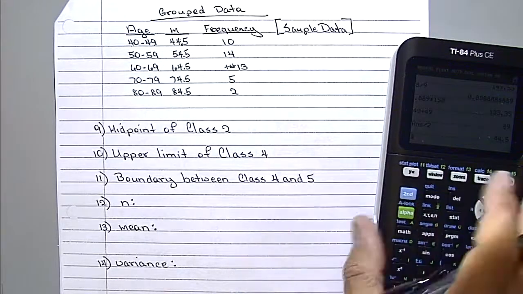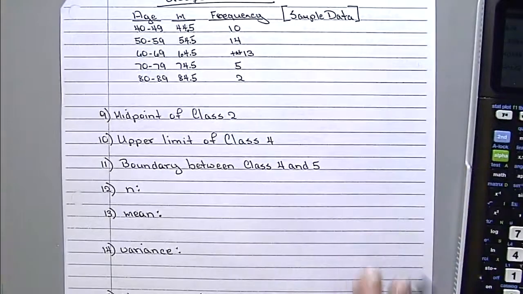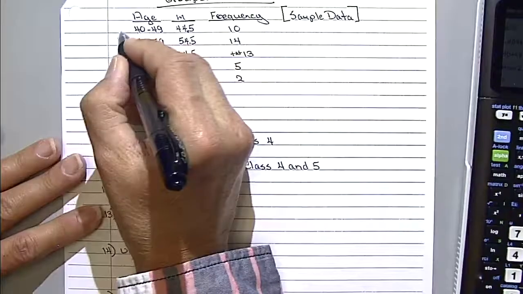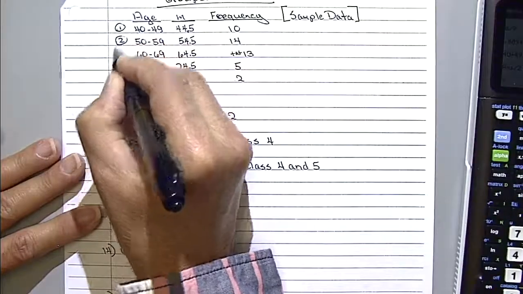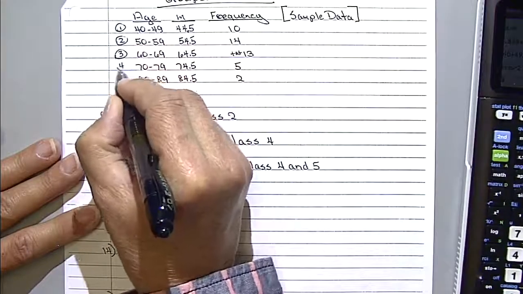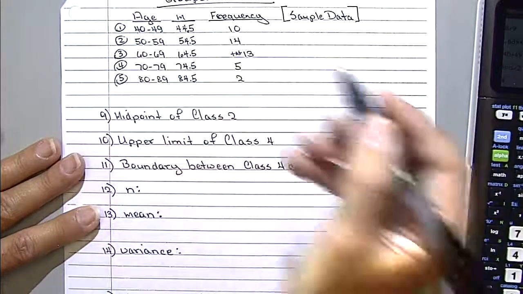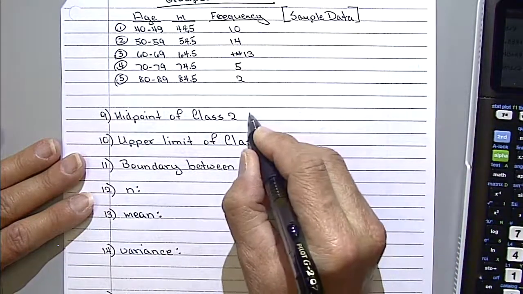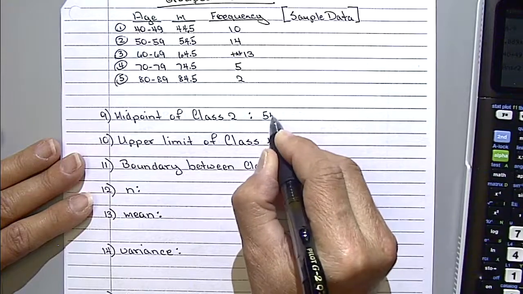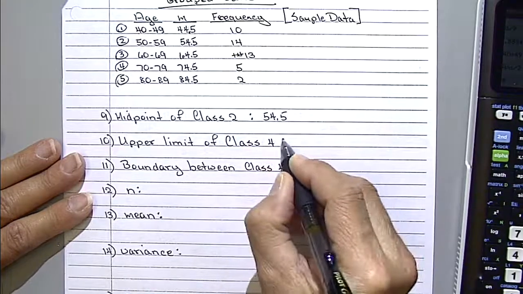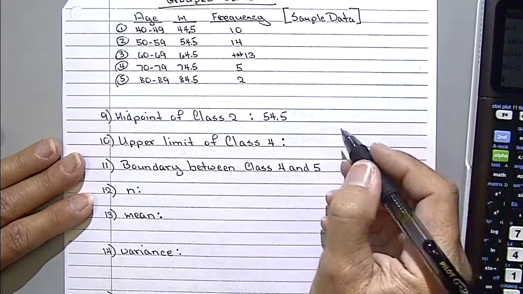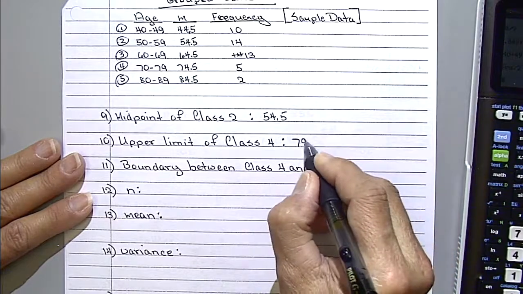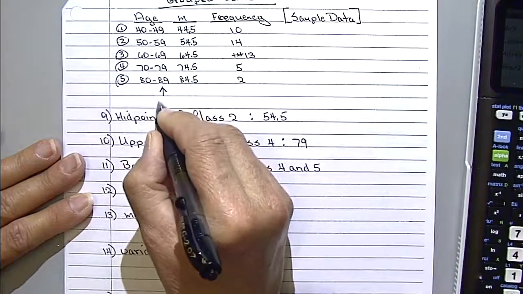Now, what if I ask you some questions about them? You could tell me, what's the midpoint of class 2? Well, you can go up here and say, this is class 1, 2, 3, 4, and 5. There are 5 classes or 5 groups. What's the midpoint of class 2, guys? Okay, 54.5. What's the upper limit of class 4? Okay, upper limit, right? Upper limits.